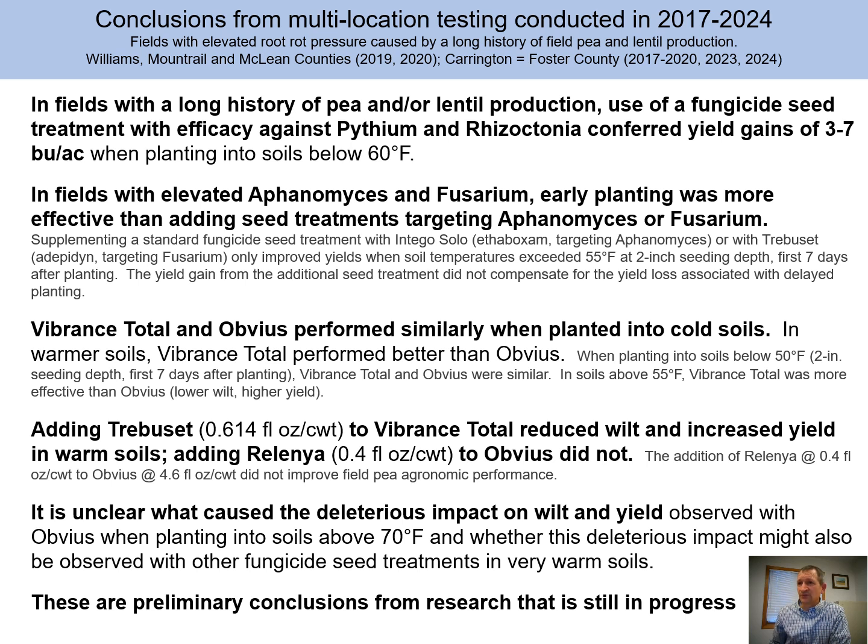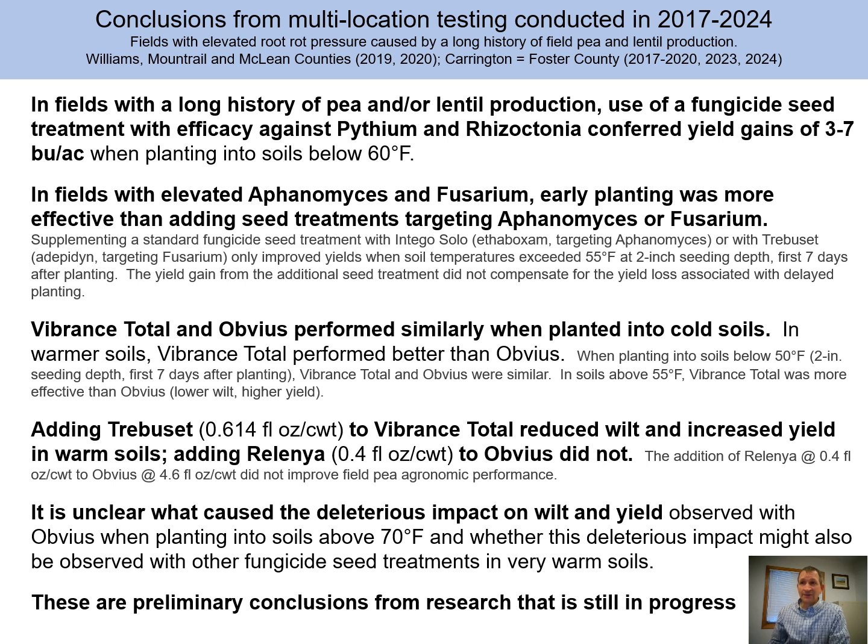Next thing is that the deleterious impact of Obvious that we saw on wilt and yield in 2023, planting in extremely warm soils, is something that you might see with other fungicide seed treatments too. I don't know. That's the only fungicide seed treatment we tested in those studies, unfortunately. And so I don't know if that's unique to Obvious or not. Another thing is, remember, we've only seen that in 1 year. I haven't had a chance to test the impact of planting peas into soils that warm any other year.